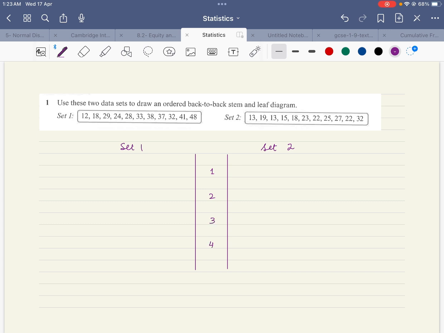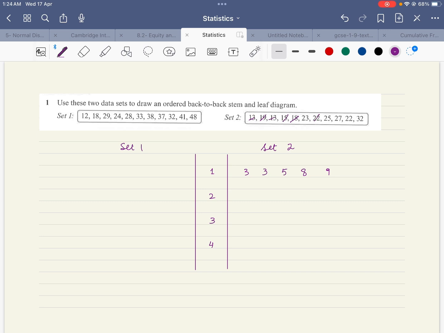Let's look at set 2. 13, 13, 18, 19, 18, 19 and 15.